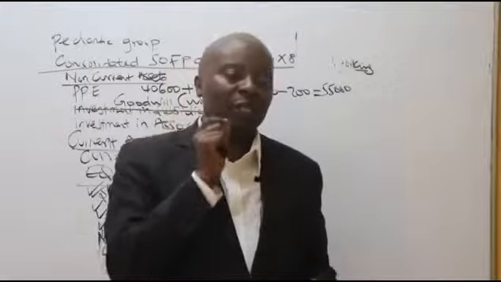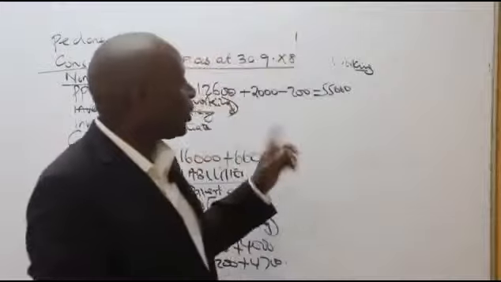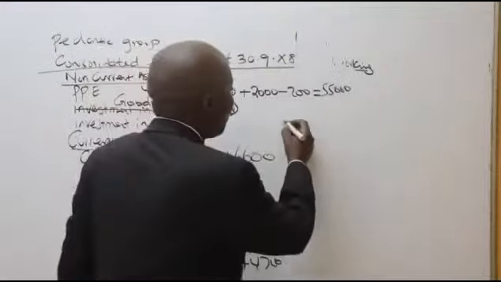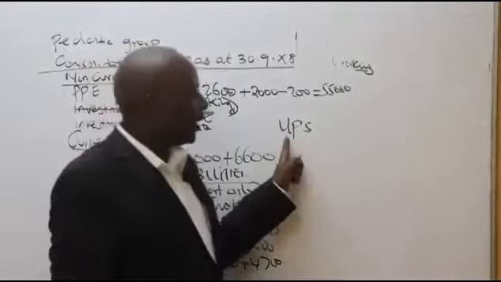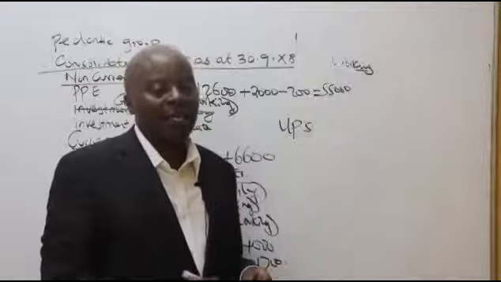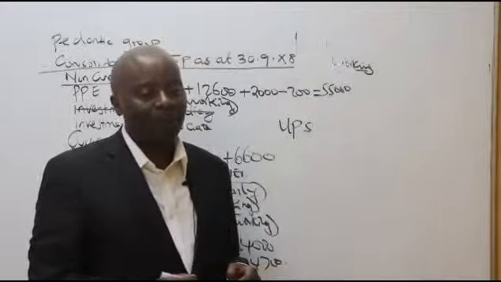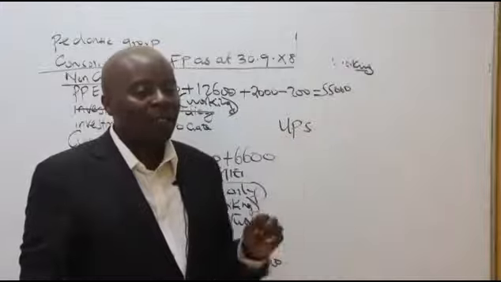In the statement of financial position, I'll be interested in what we call the famous UPS. So please write in full: UPS is unrealized profit on stock. I have to explain this in 3 minutes.